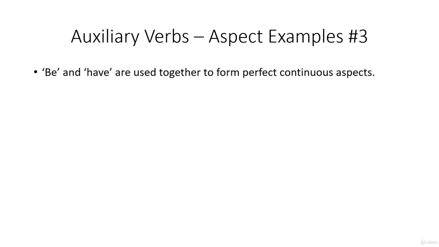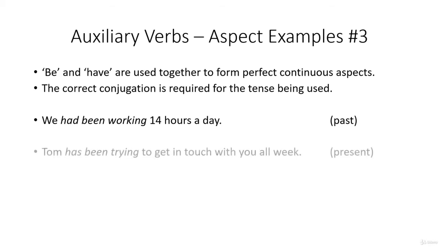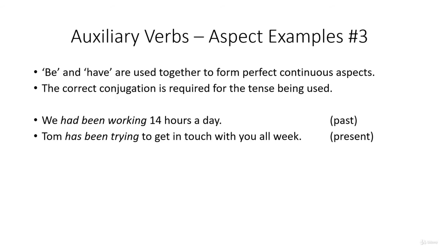We use to be and to have together to form the perfect continuous aspects. And we need to correctly conjugate these as well. We look at a past perfect continuous. We had been working 14 hours a day. Present perfect continuous.